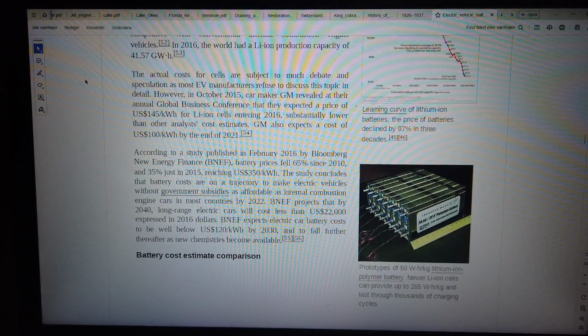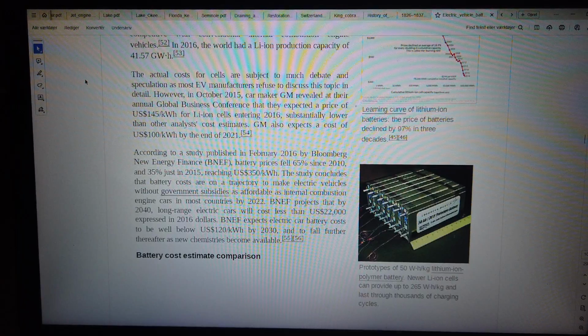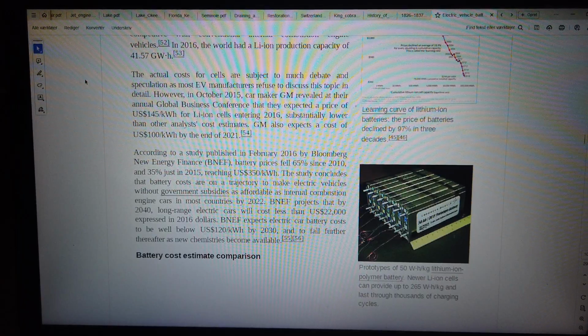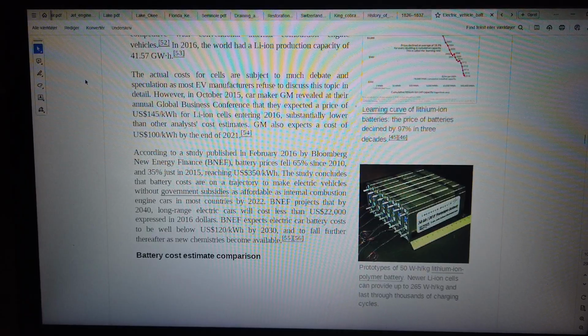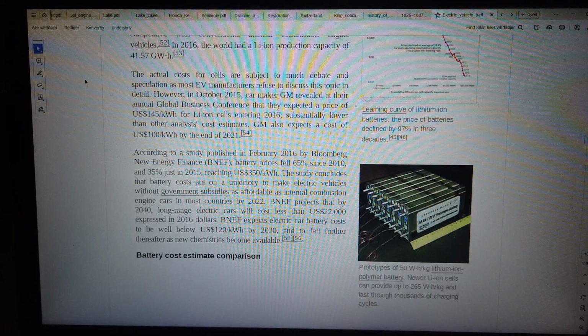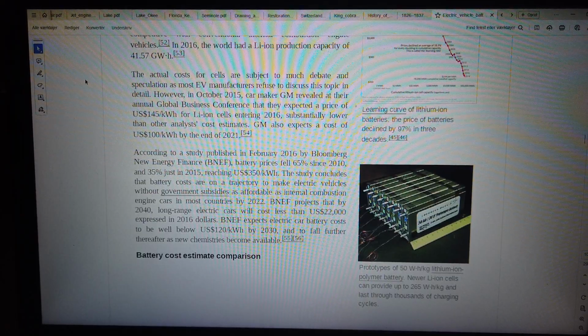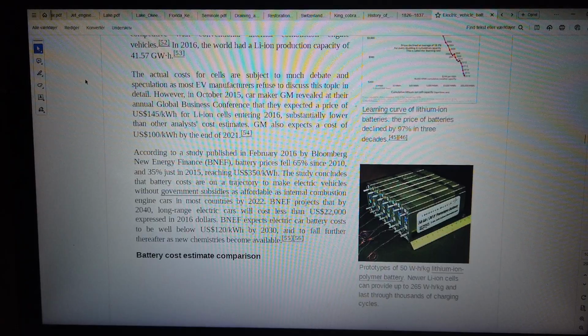NEF projects that by 2040, long-range electric cars will cost less than $22,000 expressed in 2016 dollars. NEF expects electric car battery costs to be well below $120/kWh by 2030, and to fall further thereafter as new chemistries become available.